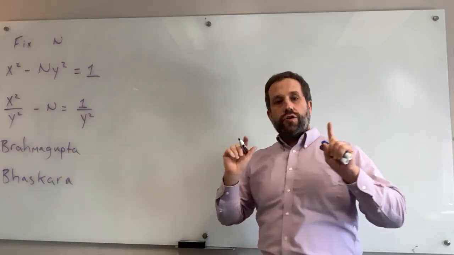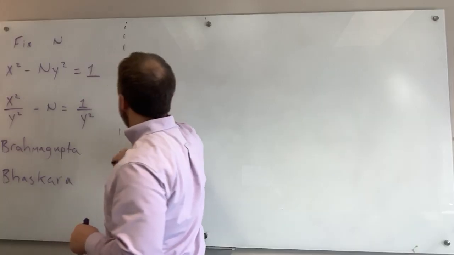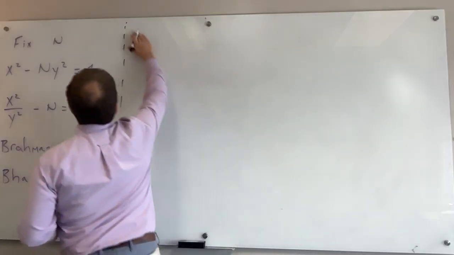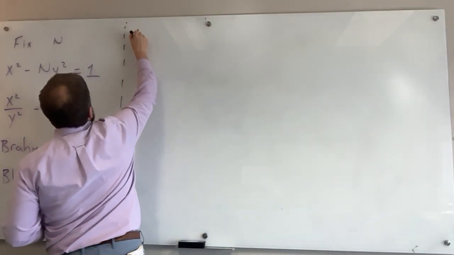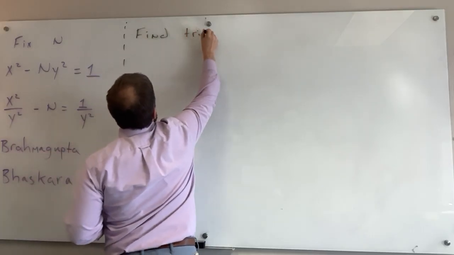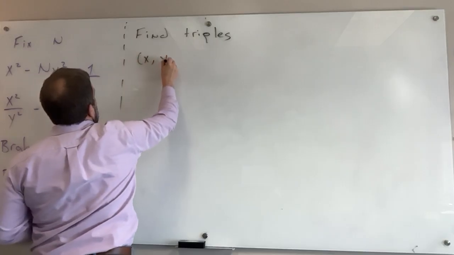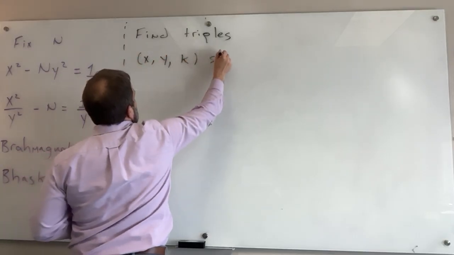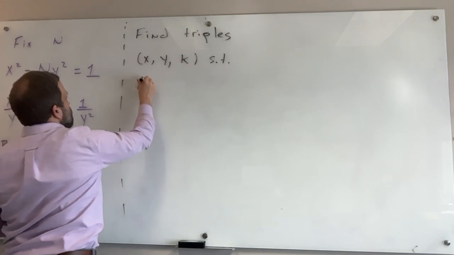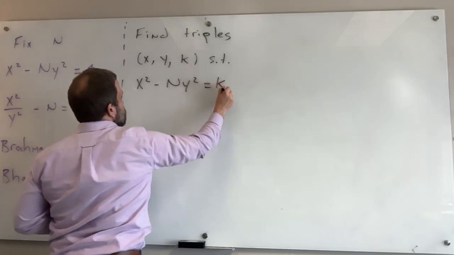To understand that, we first have to make this problem a little bit different. We have to relax our condition here. Now what we want to do is find triples, I'll just call it x, y, k, such that x squared minus n y squared is equal to k.